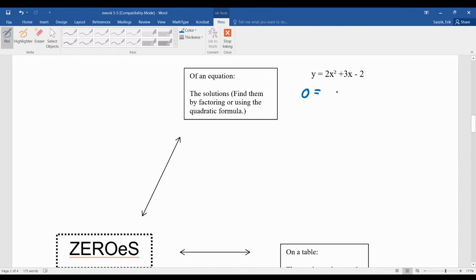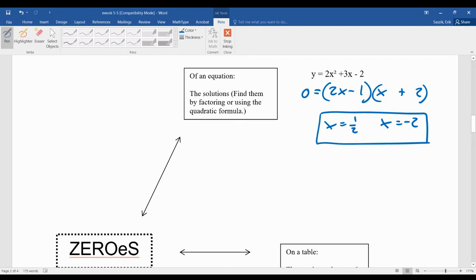Here, if we were to do that, this one's actually not that hard to factor. Both of these are prime, 2x and x. If I do 2 here and 1, you see I get 4x and x. I can make this work. So I know that my solutions are going to be 1/2 and -2 of that particular equation. Okay?